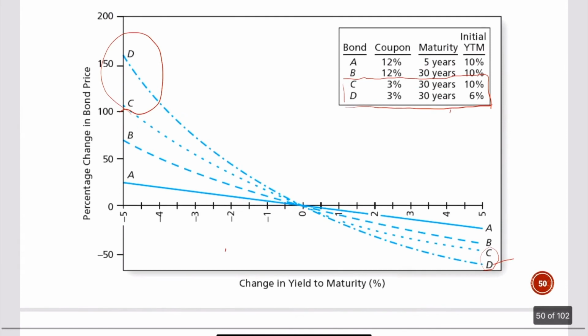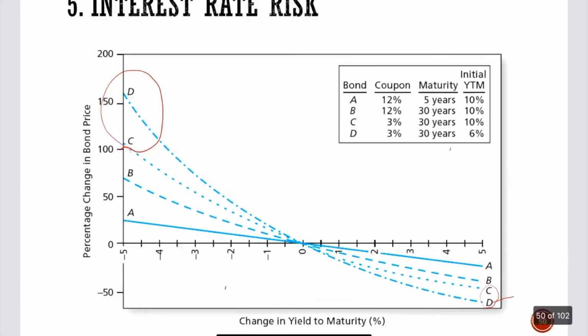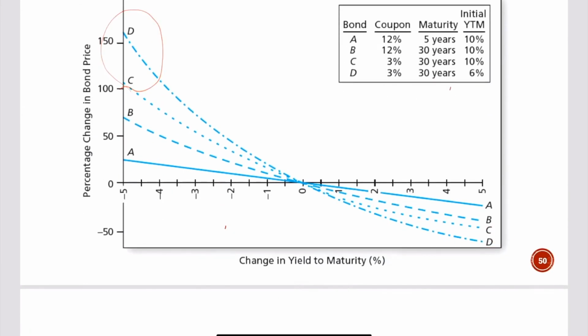So we compare A and B. You can see that A has a maturity of 5 years. B has a maturity of 30 years. So B has 6 times the maturity compared with A. Right? So B is 6 times A's maturity.